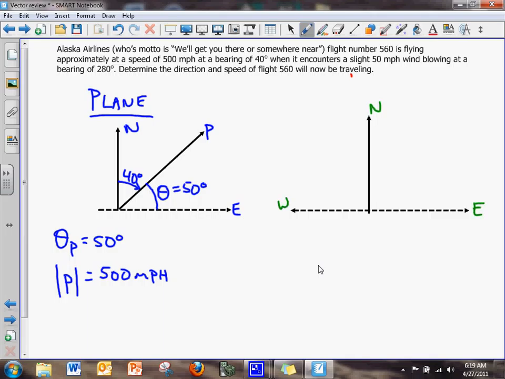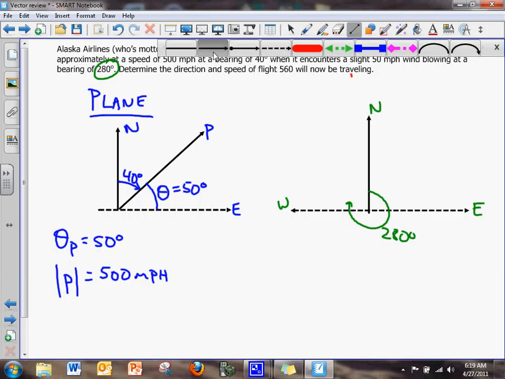The wind has a bearing of 280 degrees. So I'm going to start at north and go clockwise, 90, 180, 270, 280. So the wind's vector is in this direction. 10 degrees is not very much. And it has to be a lot shorter, since it's only traveling 50 miles an hour.